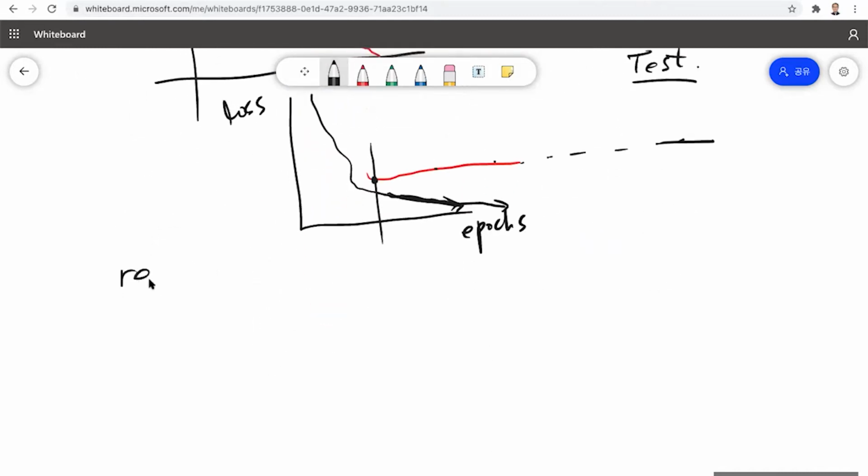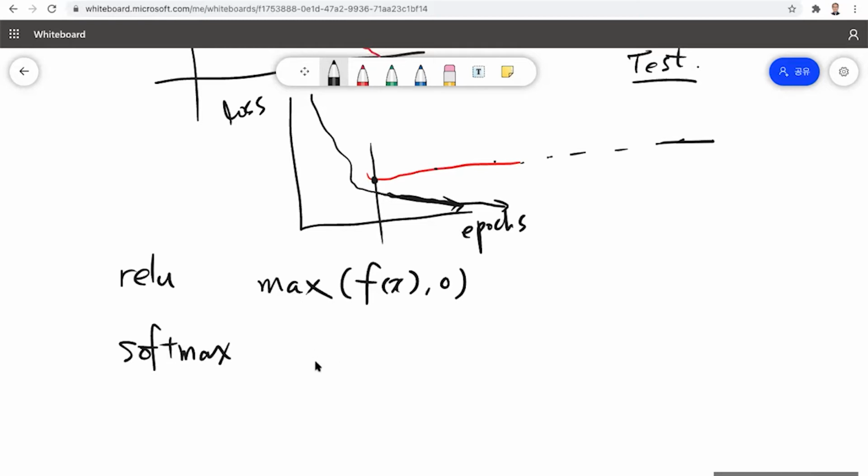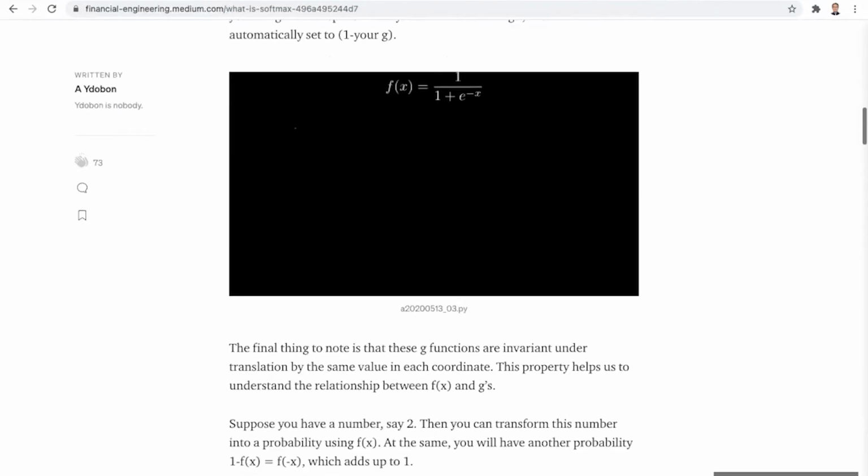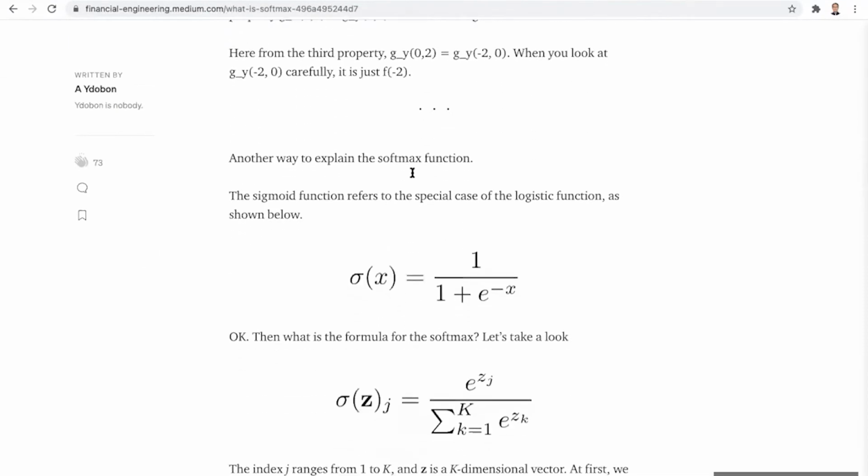ReLU is just the max of your function and 0. This is the ReLU. And another thing is the softmax, this is 1 over 1 plus e to the minus f of x, and actually I'm going to talk about it today, but I don't remember. Oh yeah, this one.